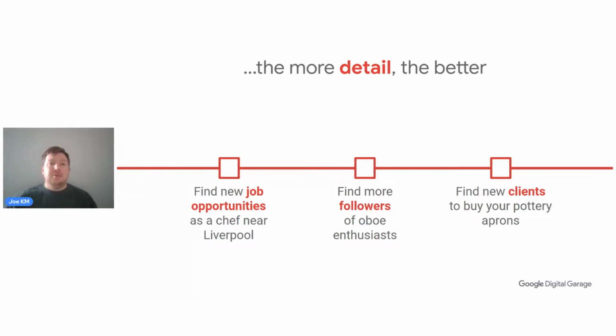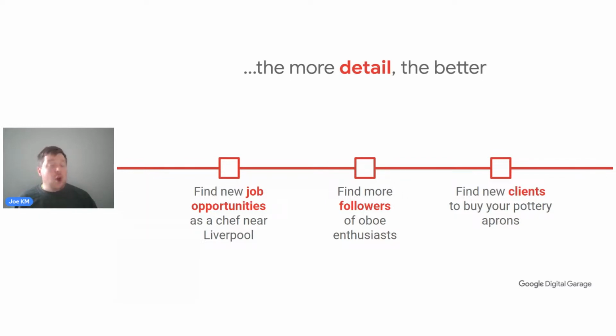Write that content up. Say on your profile, looking for work as a professional chef in Liverpool. So you're literally telling people what you want. When people are now typing in chef in Liverpool, your keywords should align with yours. So that extra little bit of detail means you've decided on what your goal is going to be. Now we can start to write a little bit more content around that.